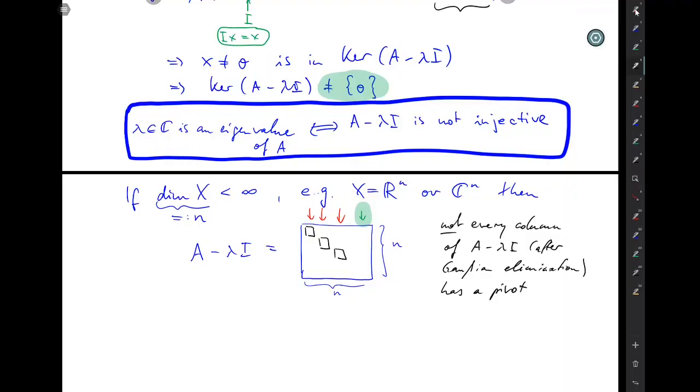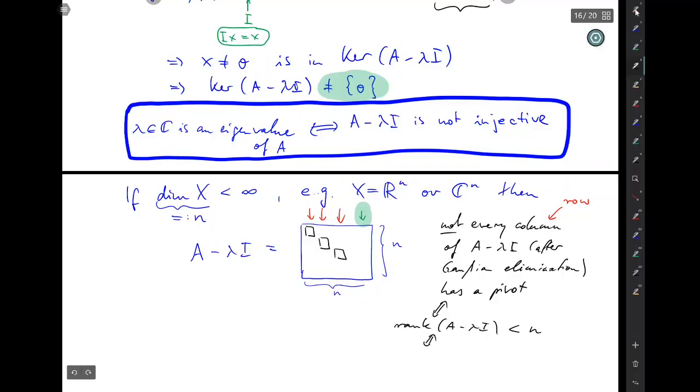But because this is a square matrix, it is as high as it is wide, you could as well say not every, instead of column, you could say not every row has a pivot, or you could as well say the rank of the matrix is less than n. Okay, well, let me write some of these down. So this is equivalent to the rank of A minus lambda I is less than n.